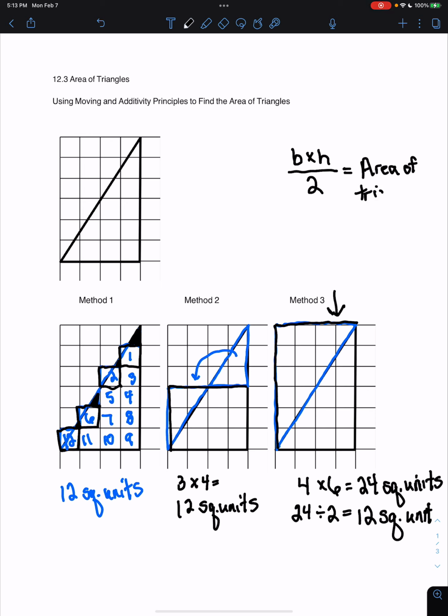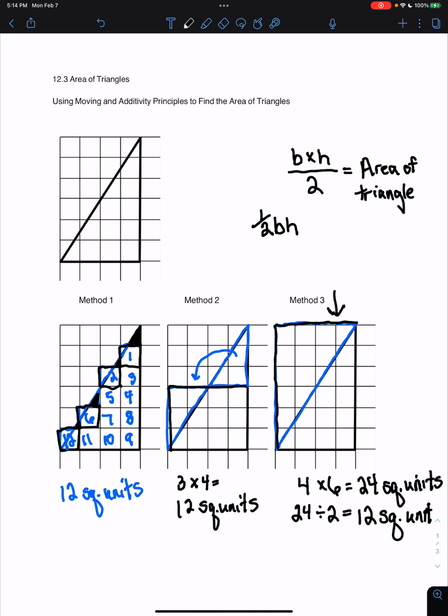There are actually a few different ways to write this formula. We could say base times height times 1/2 means the same thing. We're still getting half of that big giant rectangle, base times height.